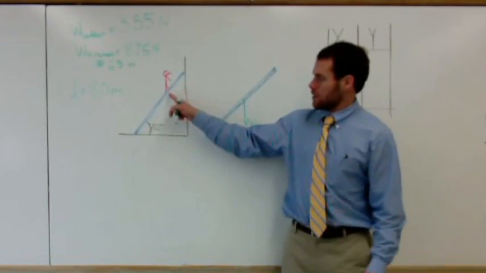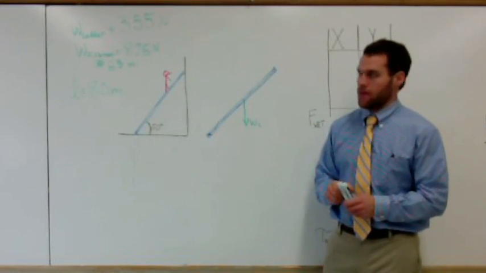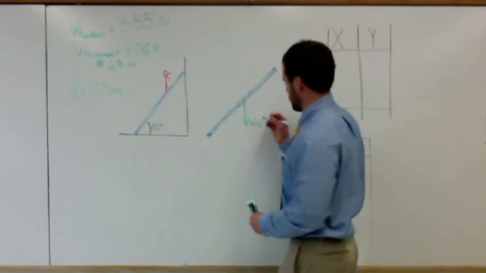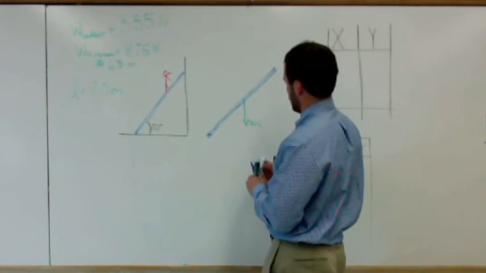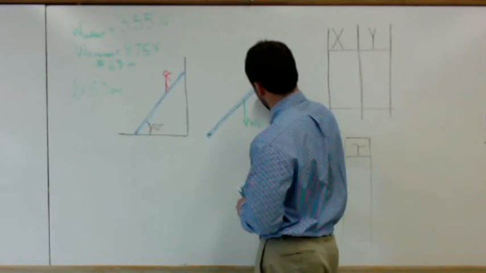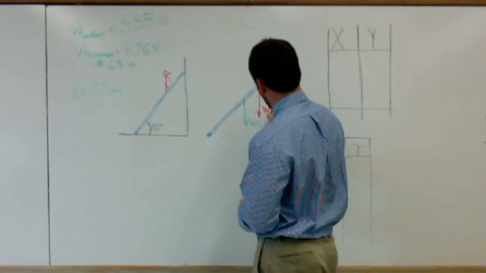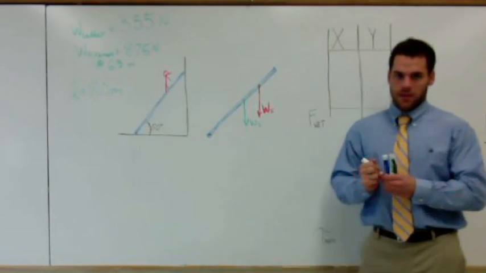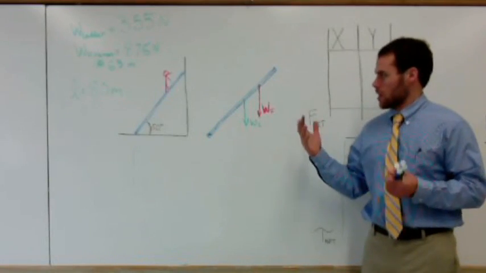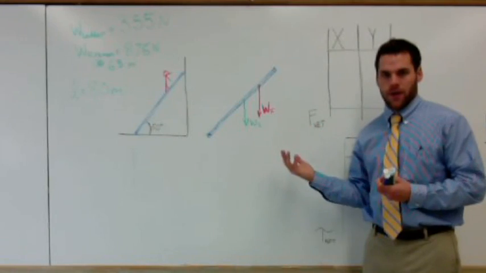Next, a little further up, 6.3 meters up, we're going to have the weight of the fireman. So there's the two downward forces, the weight of the ladder and the weight of the fireman.